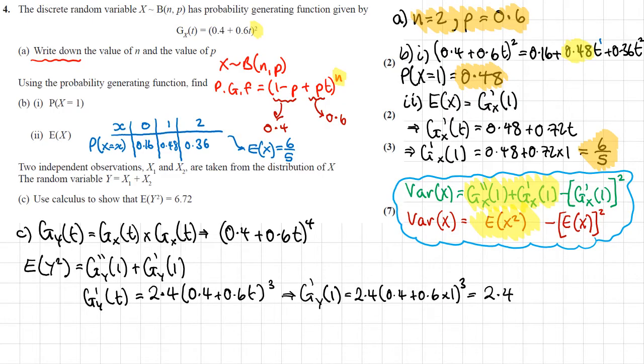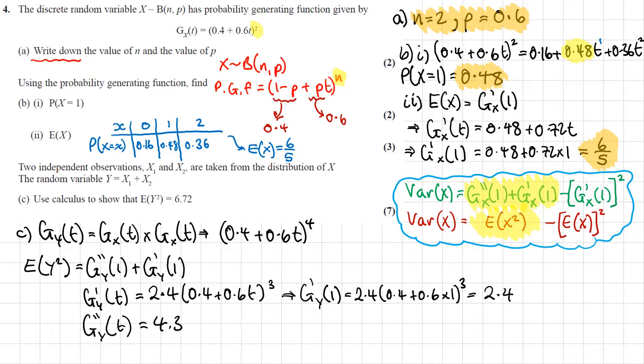Let's differentiate it again, so G''(t) for Y. We do the same thing using the chain rule: differentiate the outside, so that's 2.4 times 3, which is 7.2, and then multiply by the inside differentiated, so 7.2 times 0.6 gives 4.32.